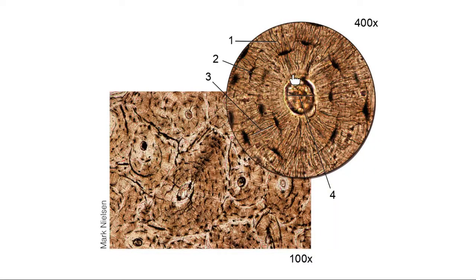After that, you can see concentric lamellae of collagen fibers, like the lamellae which we have in the onion. And between these lamellae, you can see the osteocyte. These cells are called osteocytes, and these cells have many processes which we call osteocytic process.